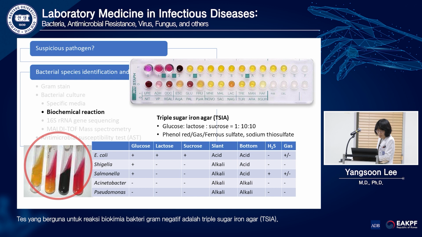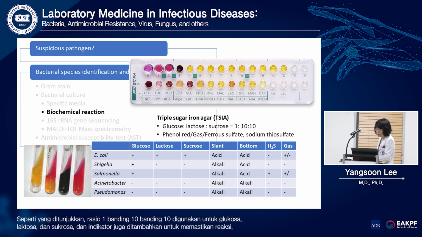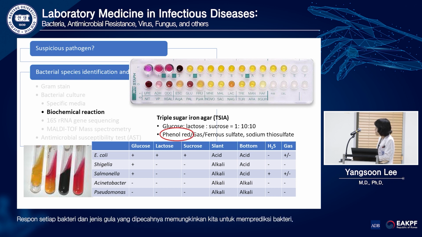This medium uses a ratio of 1 to 10 to 10 for glucose, lactose, and sucrose, and an indicator such as phenol red is also added to confirm the reaction. The response of each bacterium to each type of sugar allows us to predict the bacteria.